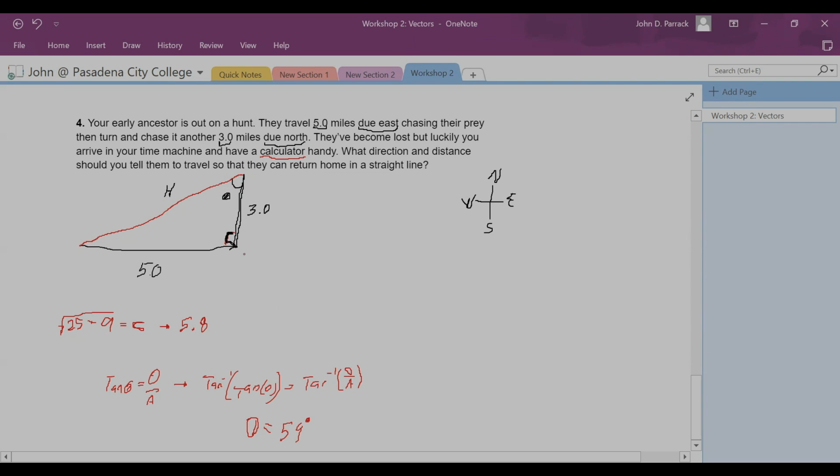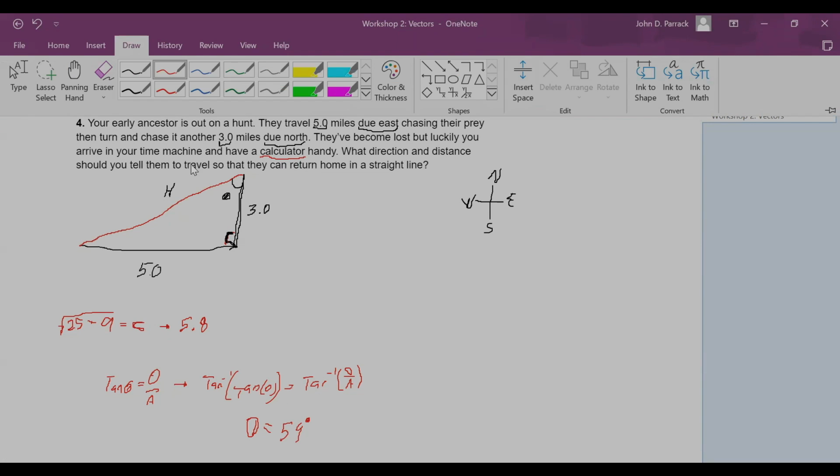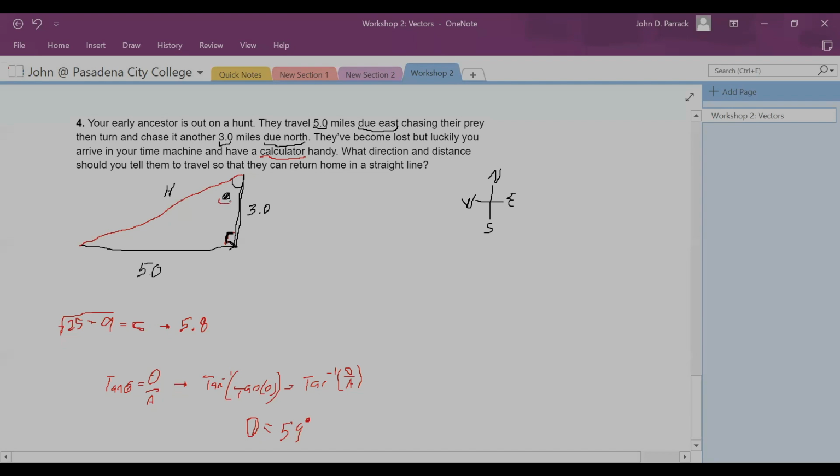Okay. Now the question is, 59 degrees in relation to what? Think about that before I give you the answer. So this is the angle that we were looking for, right?